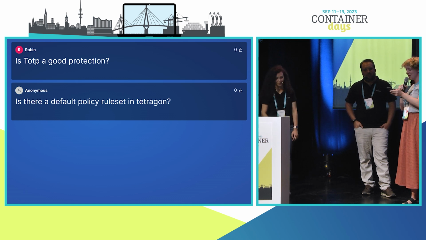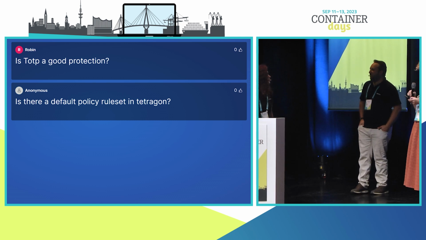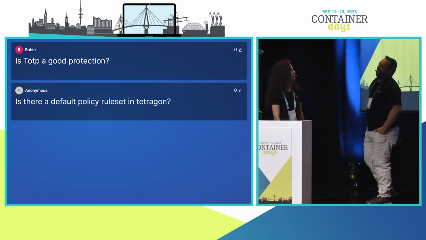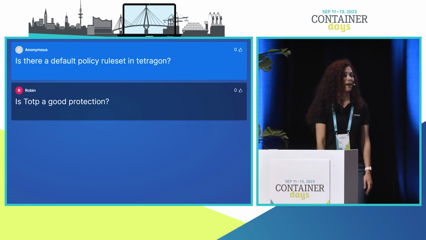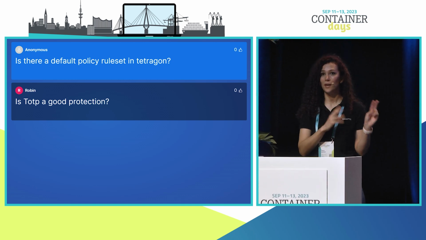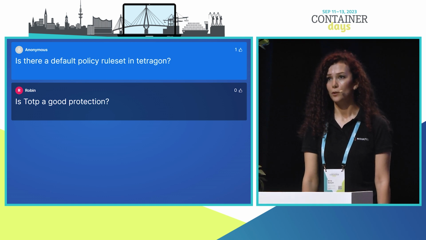Sorry. Is there a default policy rule set in Tetragon? Is it opinionated? I'm not sure what's meant with that exactly. I'm not aware of any default tracing policies there.